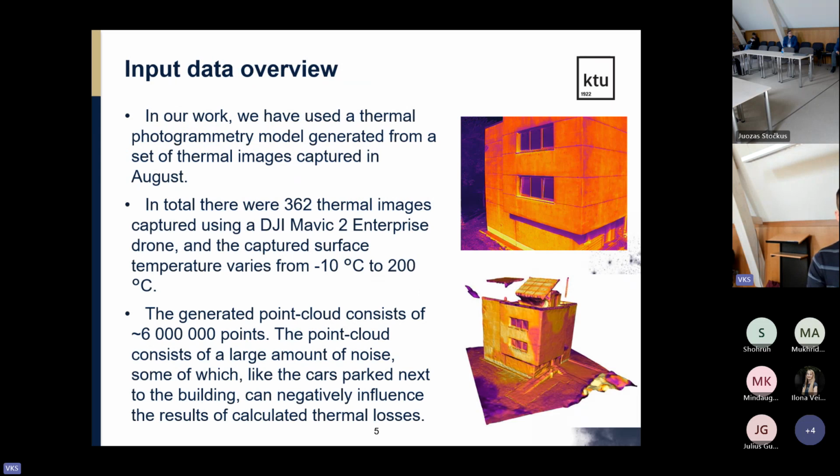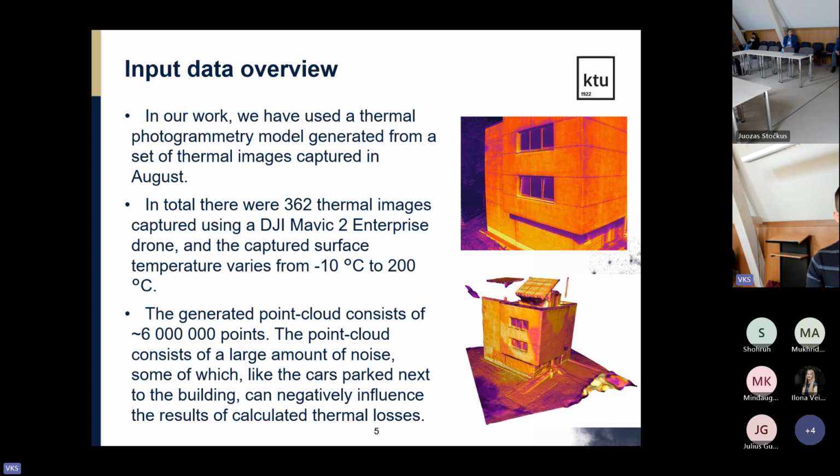Regarding our input data, we used 362 images captured with a DJI Mavic 2 Enterprise drone, and the temperature values captured with the drone range from around -10 degrees to 200 degrees Celsius.